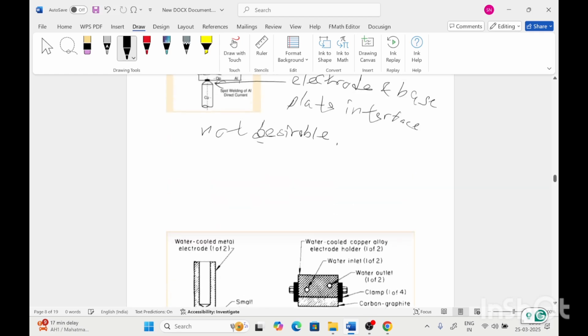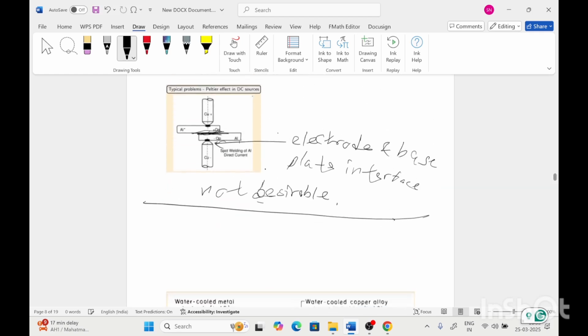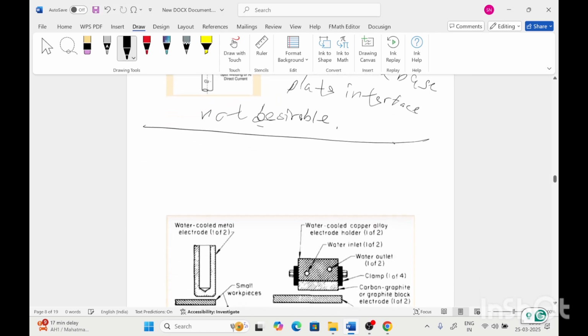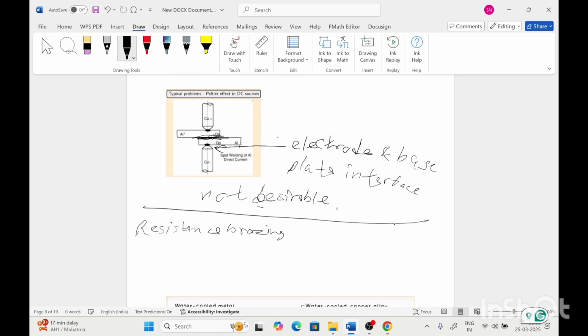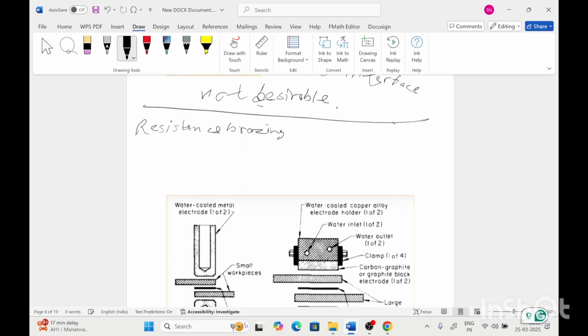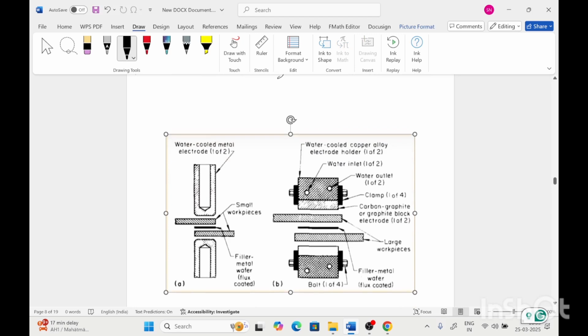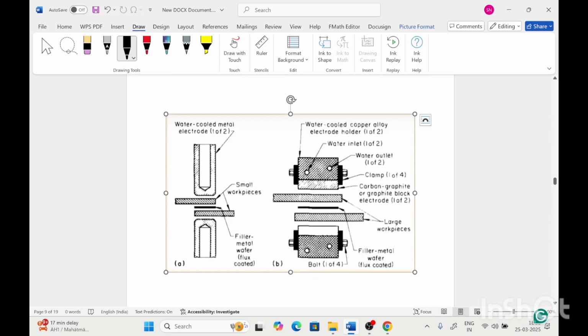Next, so these are the problems for resistance spot welding. Next is resistance brazing. Yeah, so this effect we just saw, where the welding joint is not happening at the base plate interfaces. So what we can do is apply a filler material between the base materials.